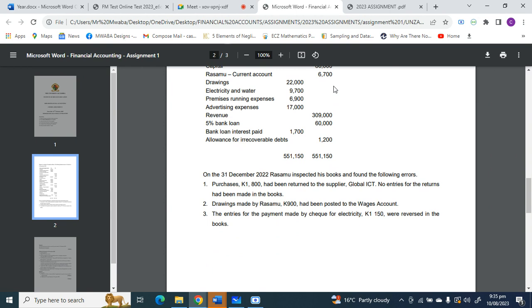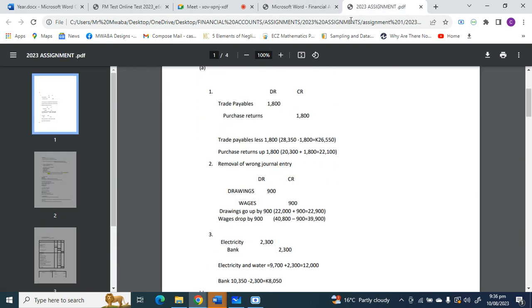Then you credit purchase returns, which is a contra expense account. It reduces the purchase expense. So we debit the trade payables 1,800, and we credit purchase returns 1,800.